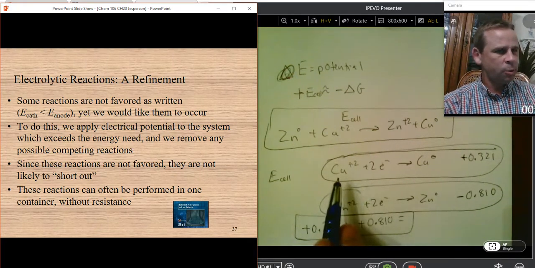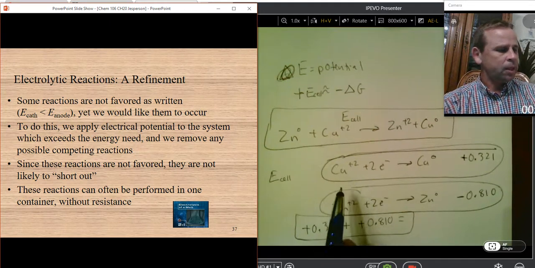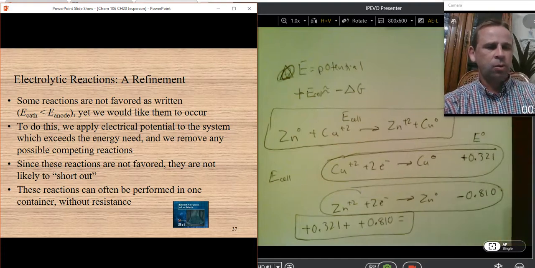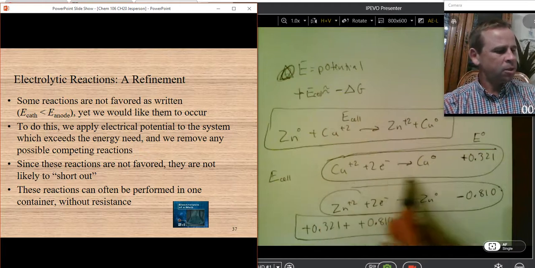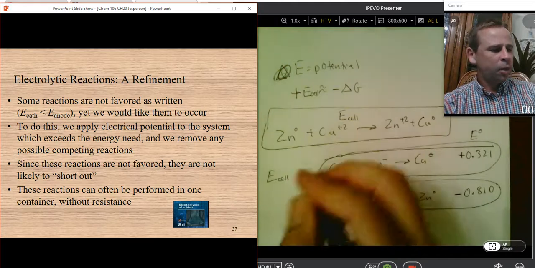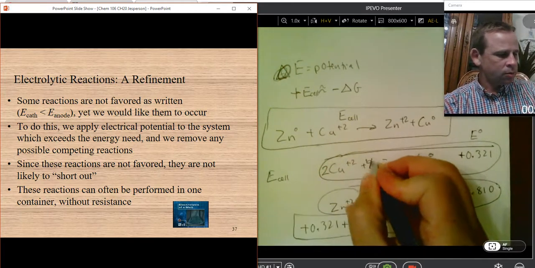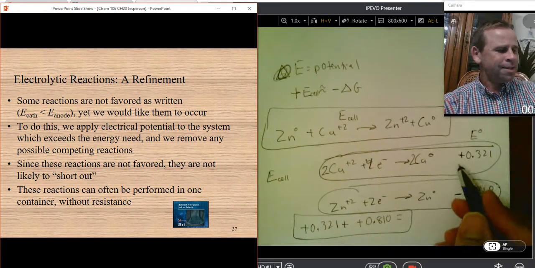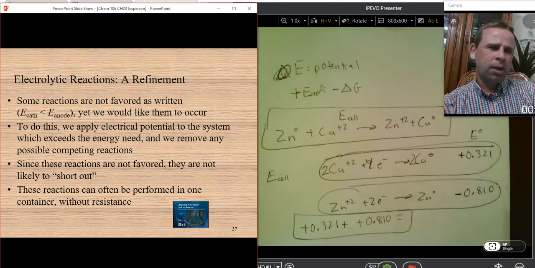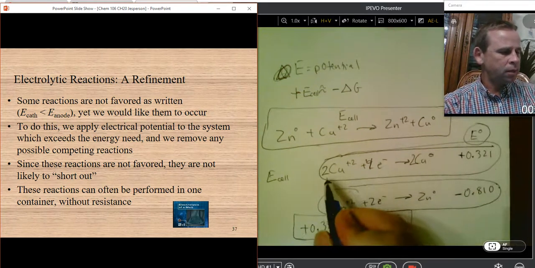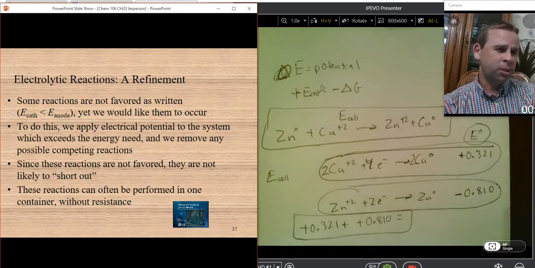Now, an interesting thing about these chemical reactions, which I should tell you, is these are E naught values, or standard reduction potentials. So if I had this process occurring, it would contribute a 0.321. If I put a 2 in front of all this, or double it all, then it's still a plus 0.321. It doesn't double, because this is considering that you only have 1 molar of this material.